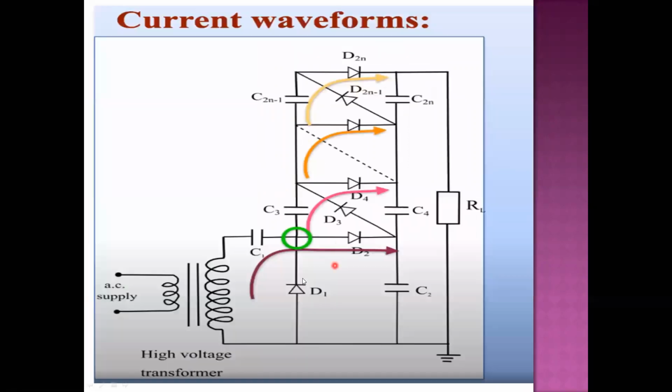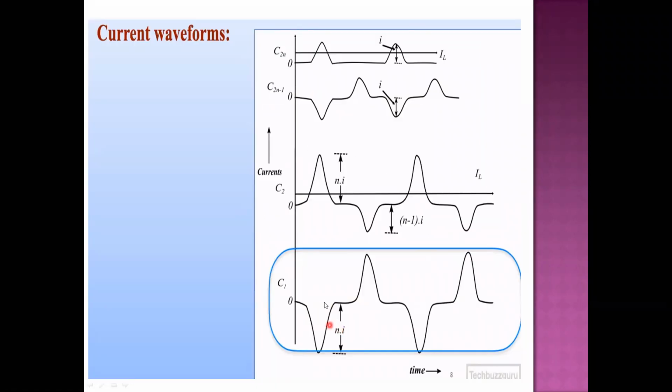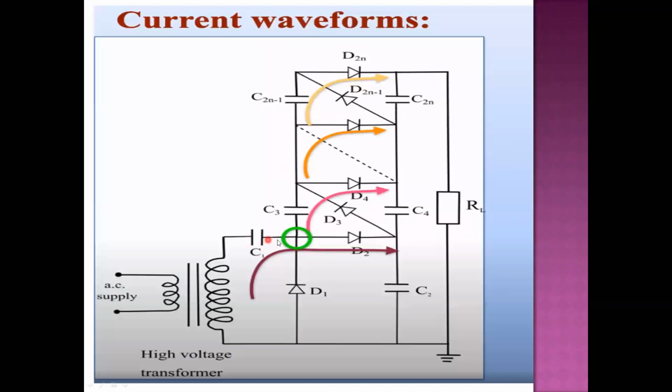So why? This nI current, from here onwards, is divided into C3 and D2. It divides at the node, the current dividing in this manner.